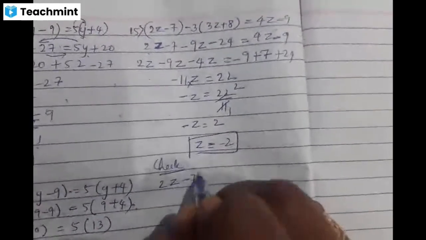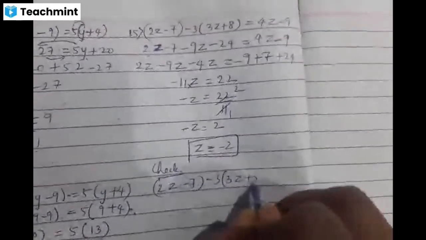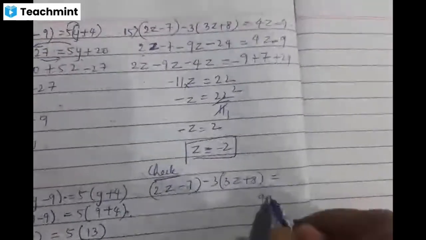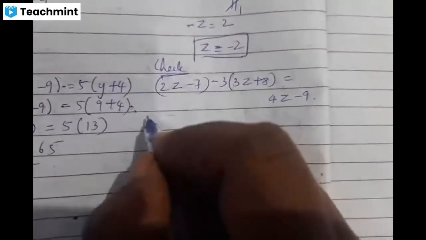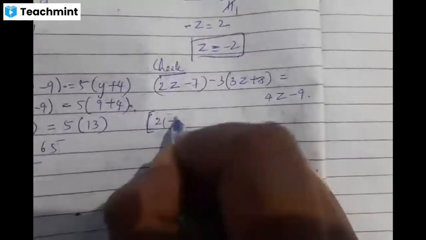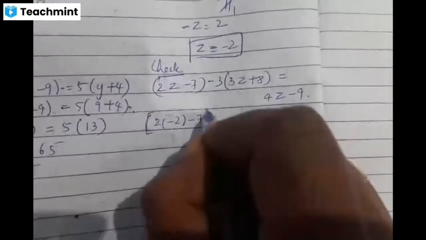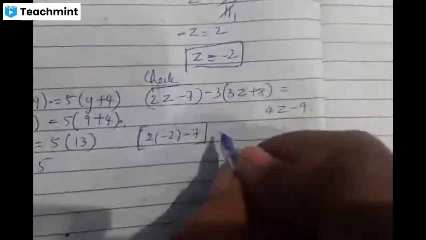2z minus 7 minus 3z plus 8 is equal to 4z minus 9. Children, you can observe here, we are using the value of z in the brackets. I am using the big brackets so that we are not getting confused here.